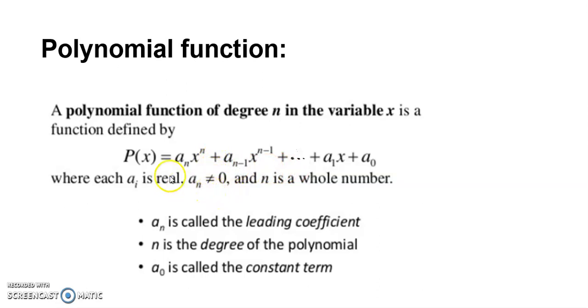The constant a_n is called the leading coefficient, and the constant a_0 is called the constant term of the polynomial function, right? So in particular, the polynomial is going to be a constant function by putting n equals to 0. a_n is called the leading coefficient, n is the degree of the polynomial, a_0 is called the constant term. I have written it for you so that you can easily visualize it.